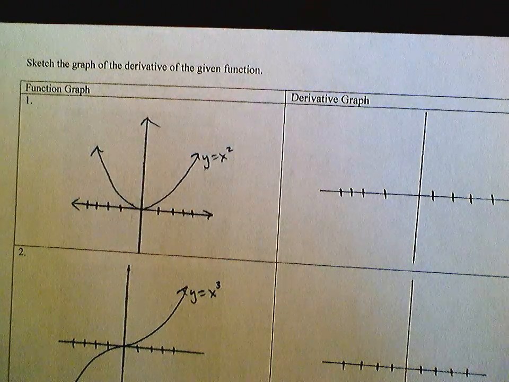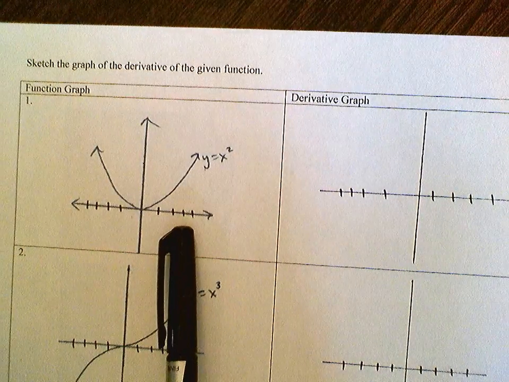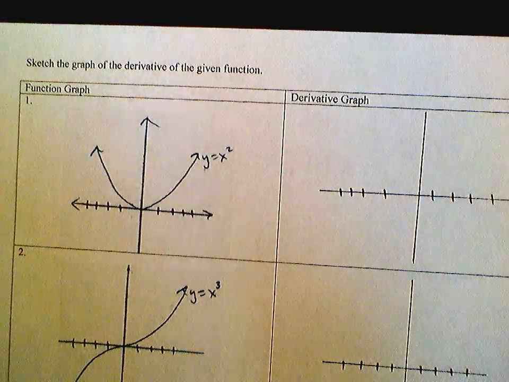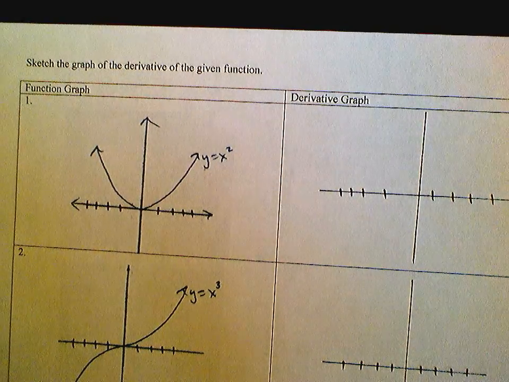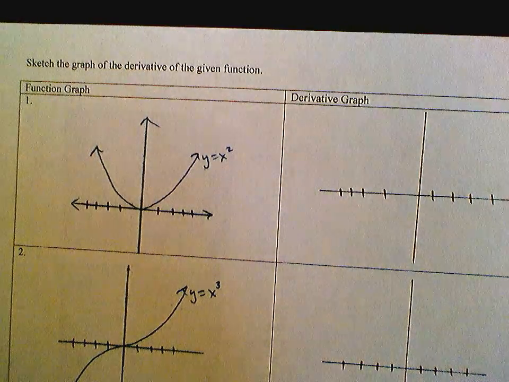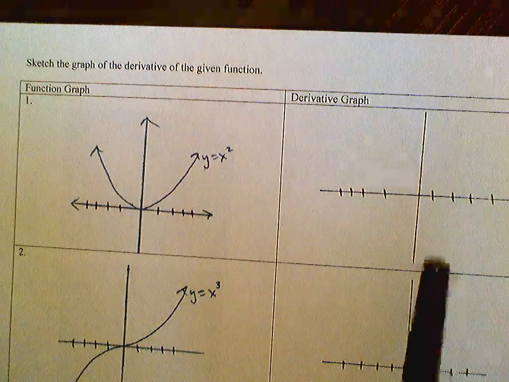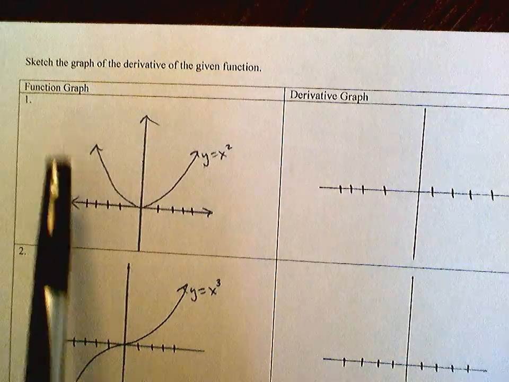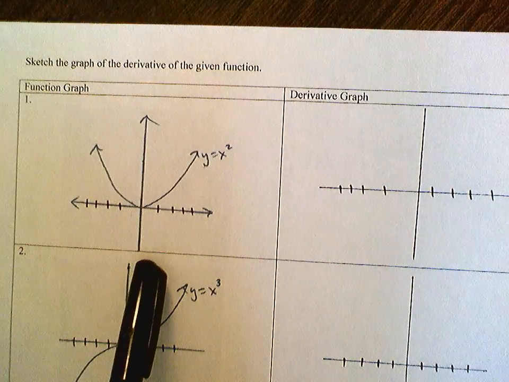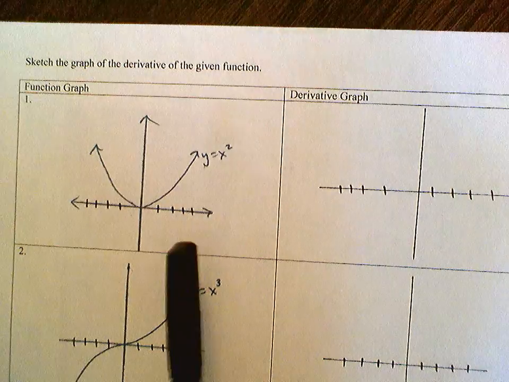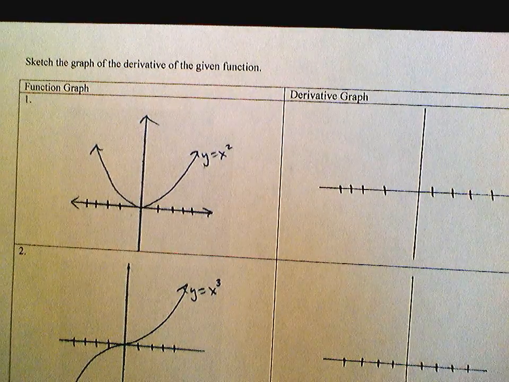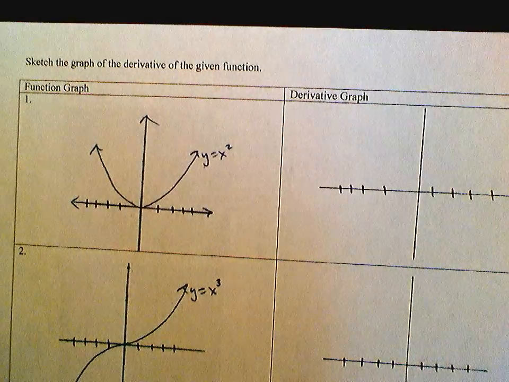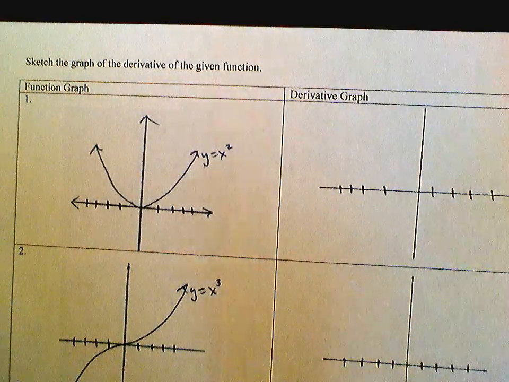So this is the graph of y equals x squared. And already, guys, I don't want you to completely rely on the derivative rules to figure out what the graph would look like. I want you more to think about what's happening with the graph. But it won't hurt to draw on prior knowledge. What's the derivative of x squared? 2x.